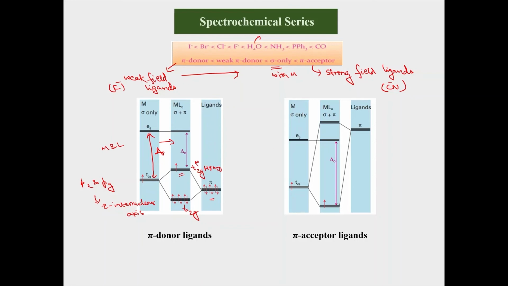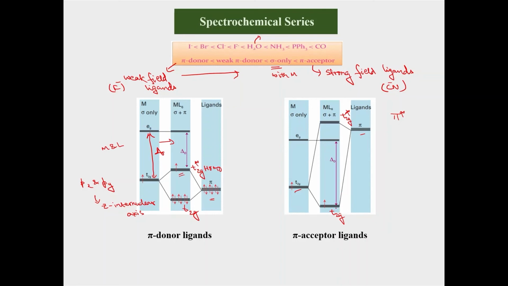Whereas in case of pi acceptor ligands, we know that they have a vacant pi star orbital. Since this is vacant, it lies higher in energy, and here also it has suitable symmetry to interact with the metal T2g orbitals, and as a result a bonding set of T2g and antibonding T2g star orbitals will result.